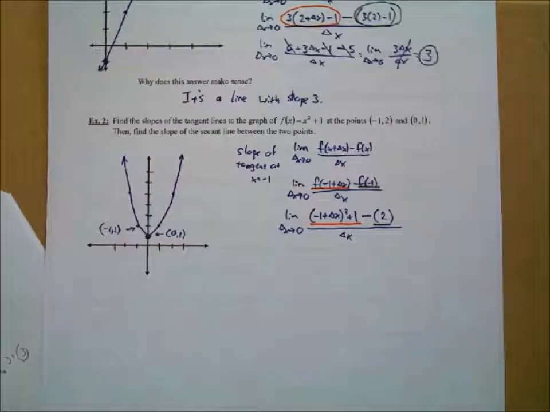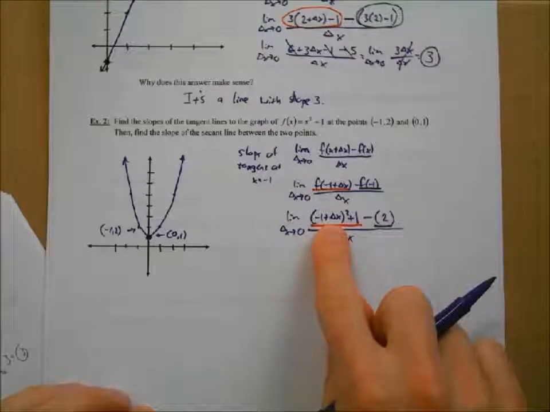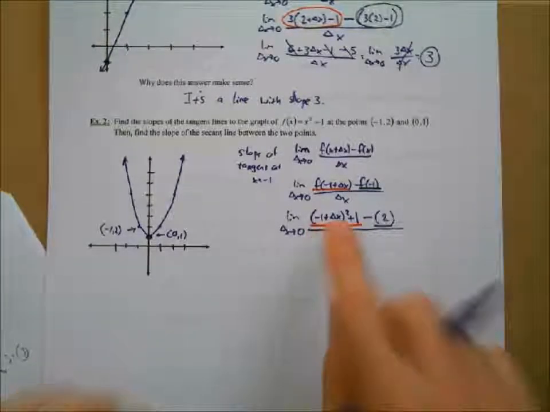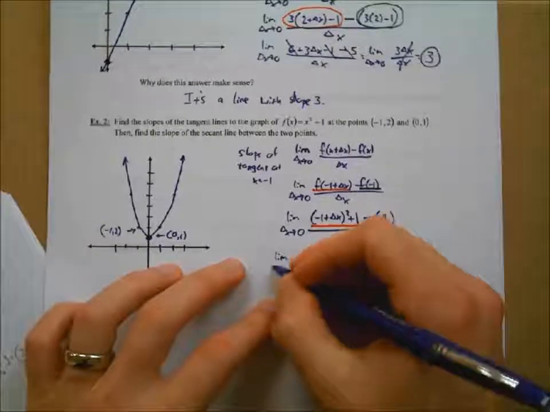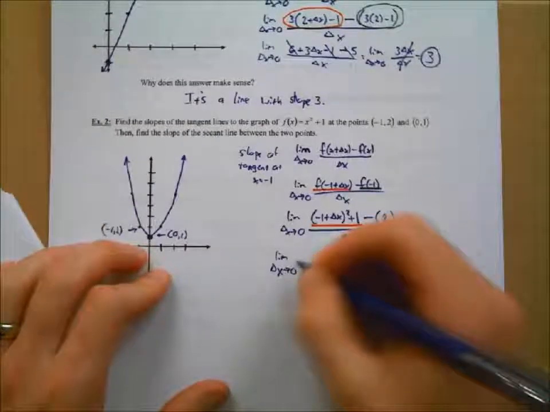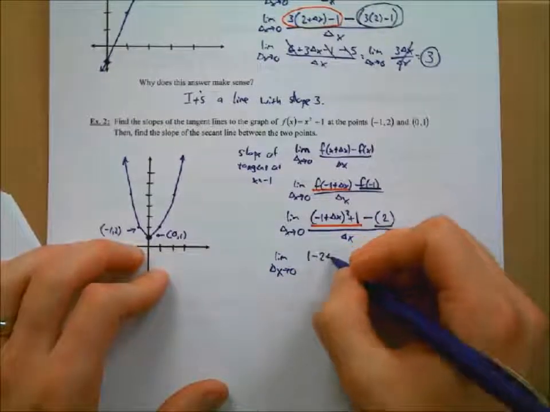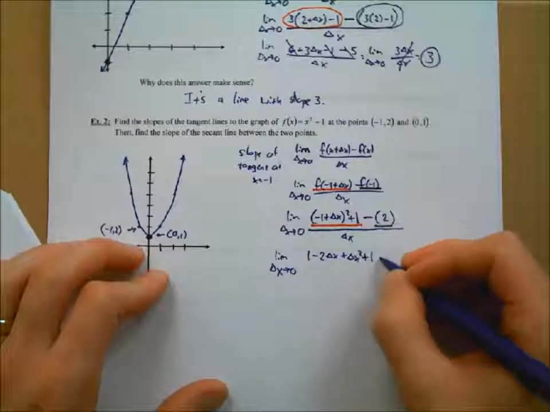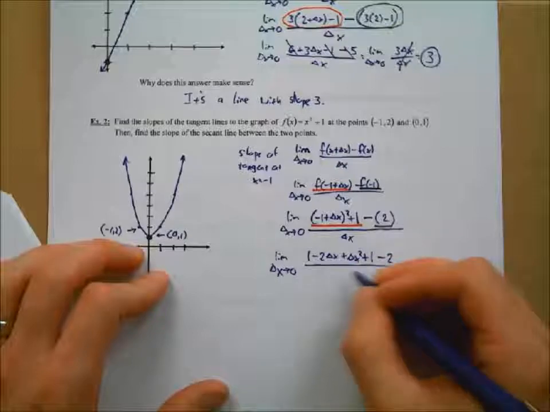Now we need to simplify. In order to square it out, we're going to have to FOIL here, right? -1 plus delta x, we have to FOIL that out. So it becomes 1 minus 2 delta x plus delta x squared plus 1 minus 2 all over delta x.